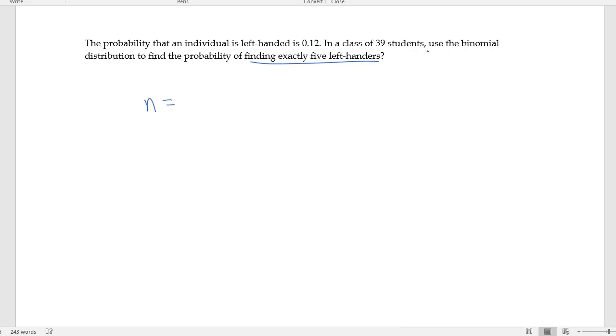I'm looking at 39 students in the classroom. I'm looking for exactly 5 left-handers. The probability of that successful left-hander is 0.12, and the failures, 1 minus 0.12, so 0.88.